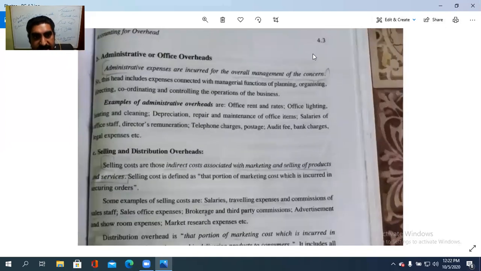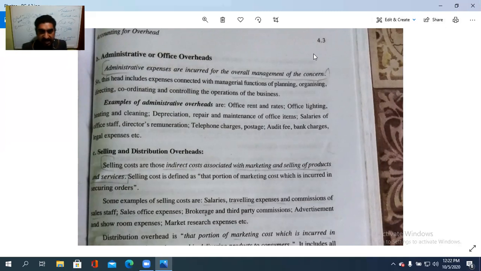So we will see in detail administrative expenses or office overhead. Administrative expenses are incurred for the overall management of the concern. This head includes expenses connected with the managerial functions of planning, organizing, directing, coordinating, and controlling the operation of business.